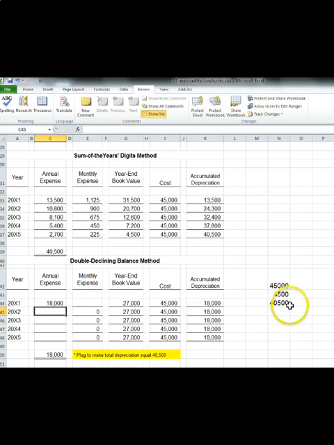So here's the amount to be depreciated. That should never be exceeded by accumulated, and I want to compare that with accumulated depreciation at the end of the period.